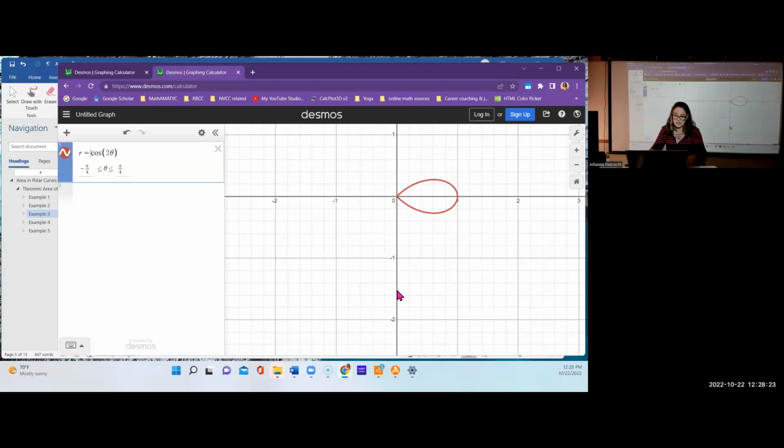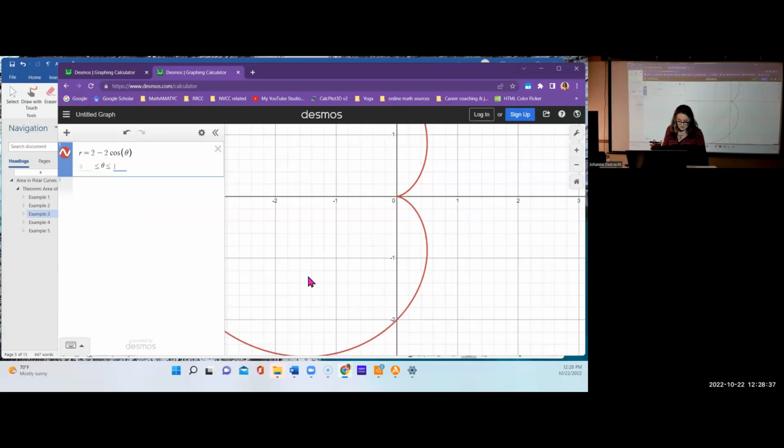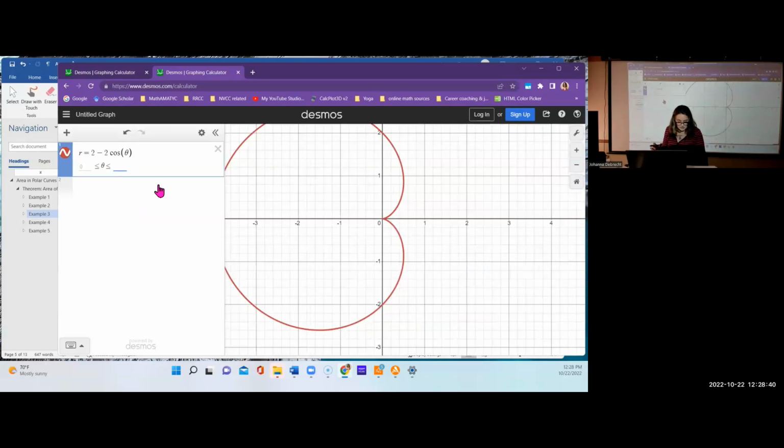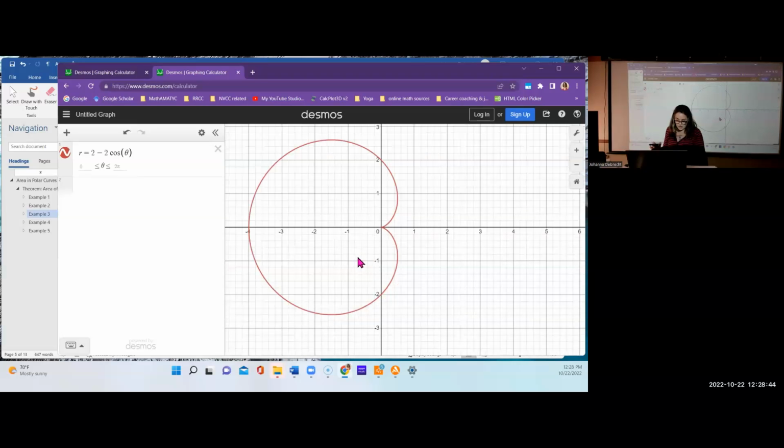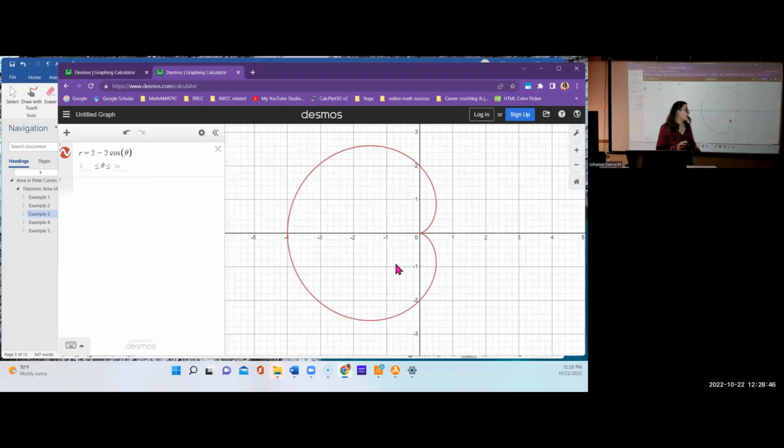We're going to delete these, and that will allow Desmos to choose what it thinks is best. All right. So if we click off, you'll see that it now gives you 0 to 2 pi, which gives you the entire shape.